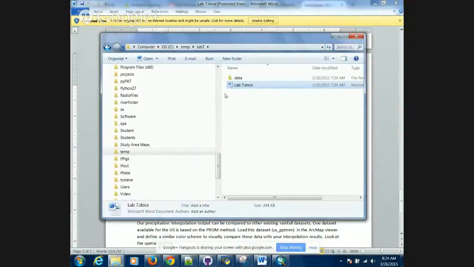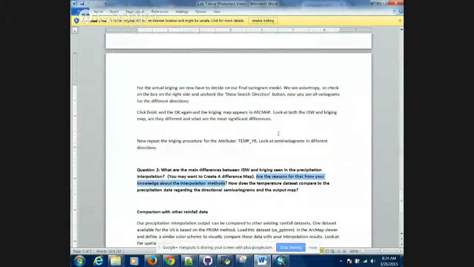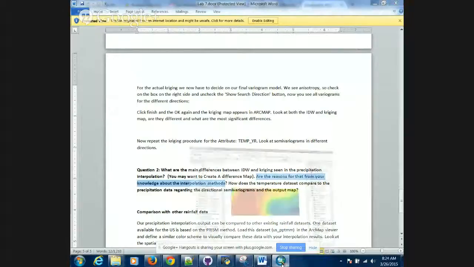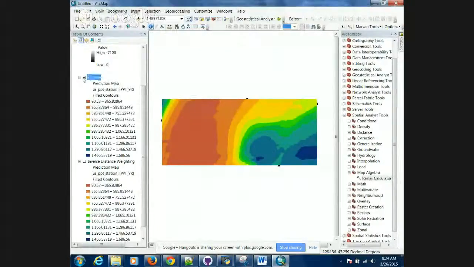In fact, if you look at them, you should see differences in areas where IDW did not account for the differences in directionality.